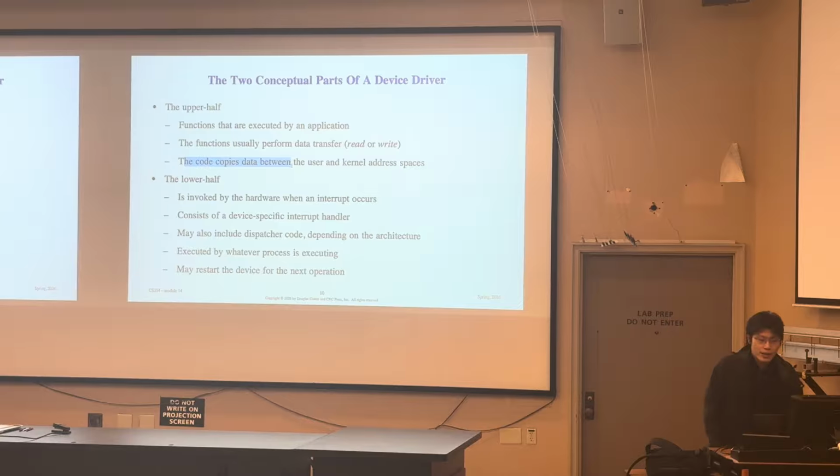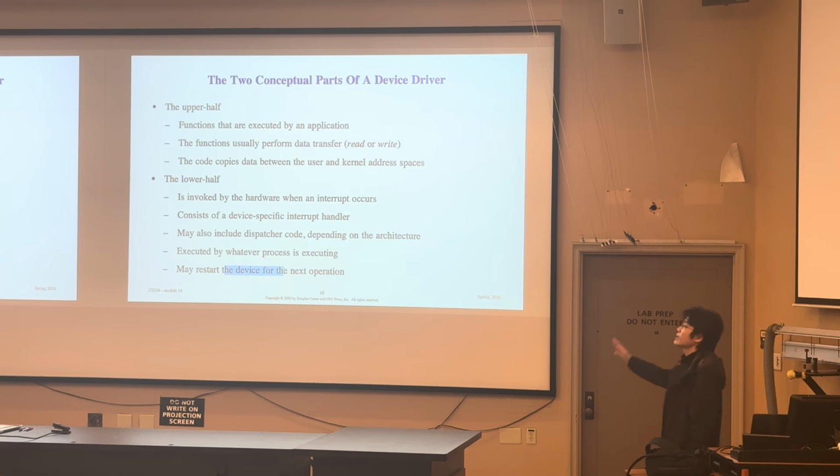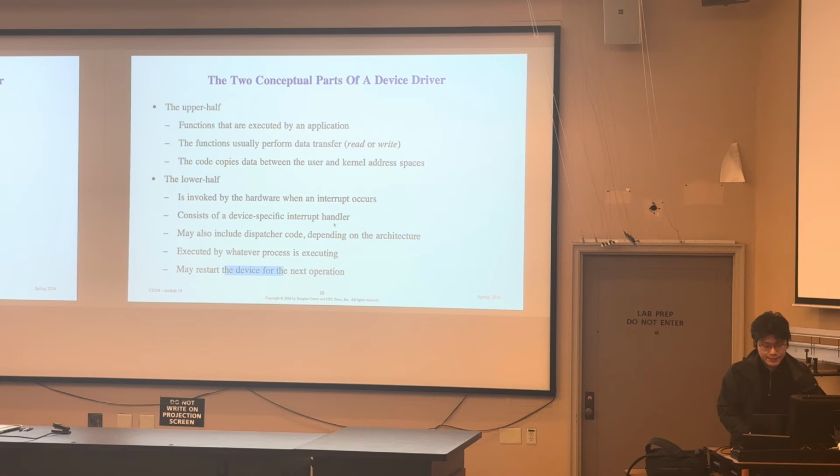The lower half is invoked by the hardware when the interrupt occurs. It consists of a device-specific interrupt handler, and we also include dispatcher code. And we restart the device for the next operation. We already explained the difference between the upper half and lower half in the previous slides.